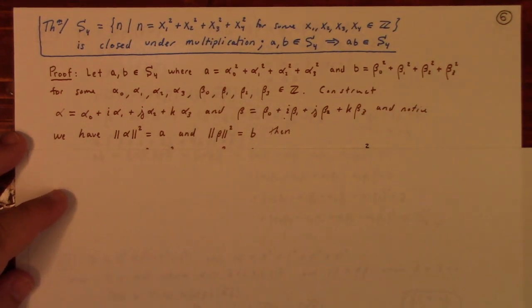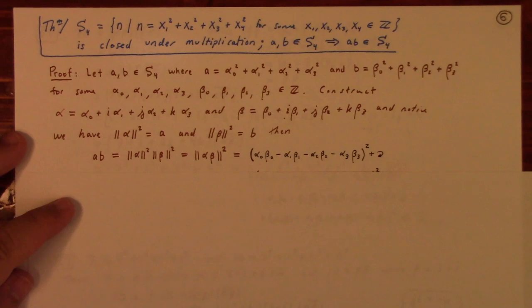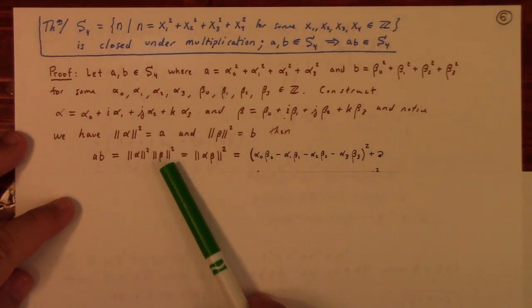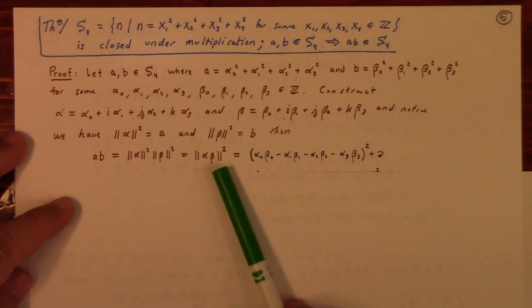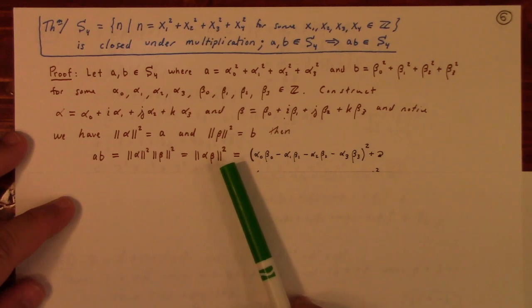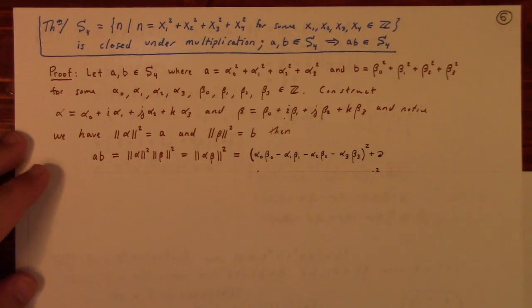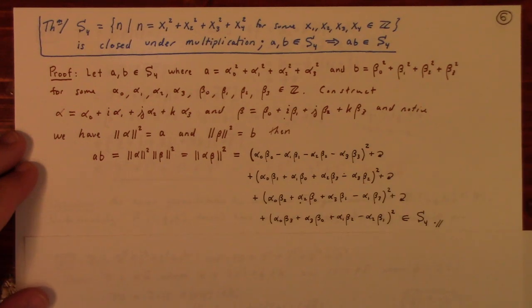So then what is A times B? Well, A times B is the length of alpha squared times the length of beta squared, which we just got done proving is the length of alpha beta squared. And what is that? Well, it's this. Now, how did I get that formula?